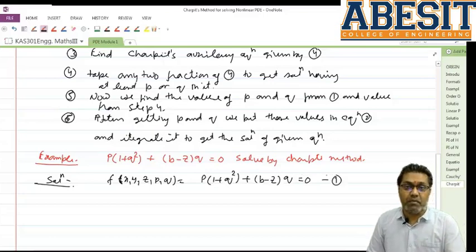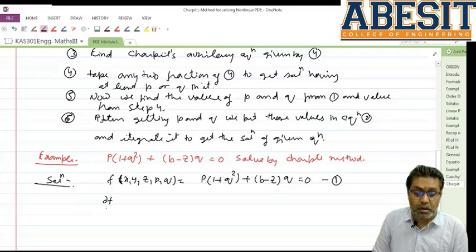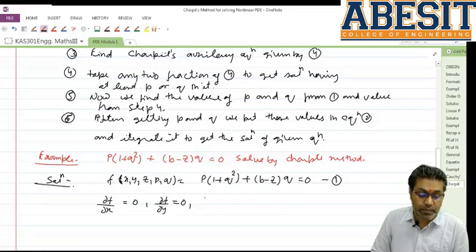And in the second step we will find what is our auxiliary equation. So before finding the auxiliary equation we will find what is the value of del f upon del x. So from here del f upon del x is equal to 0. Del f upon del y, this is again 0. Del f upon del z, this value is minus q.